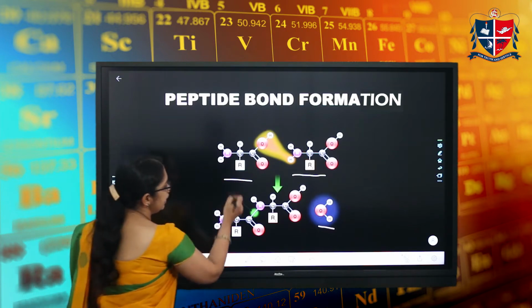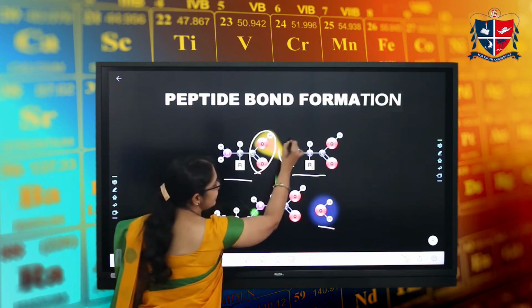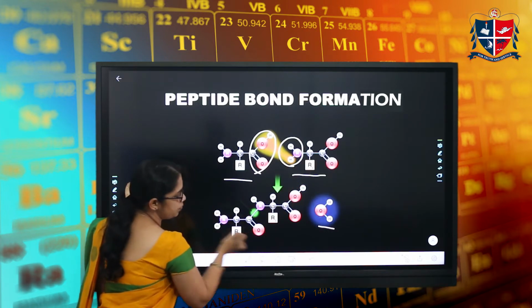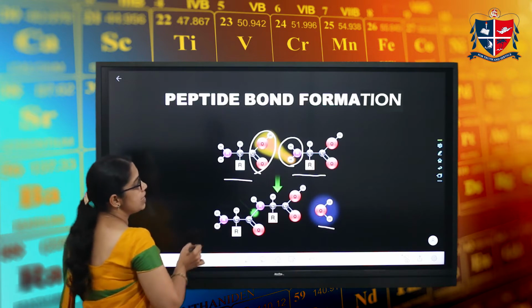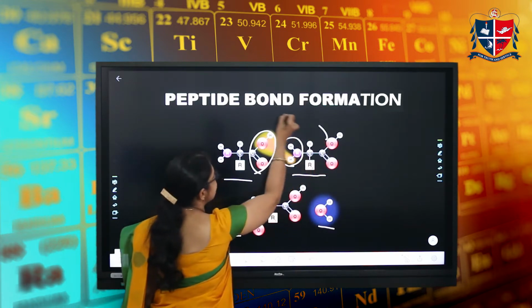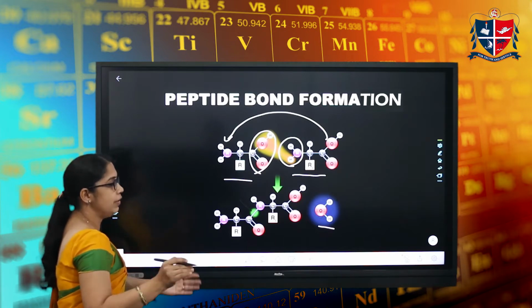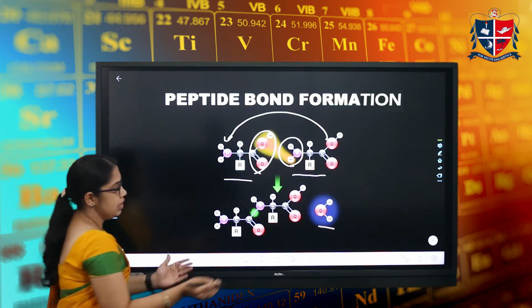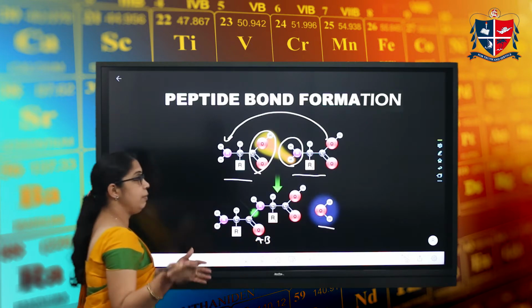Here this COOH group condenses with this NH2 group and we get this dipeptide. And there is also a chance for this COOH to condense with this NH2. That is another product, which we can assign as BA. Suppose this is the AB product, the other product will be BA.